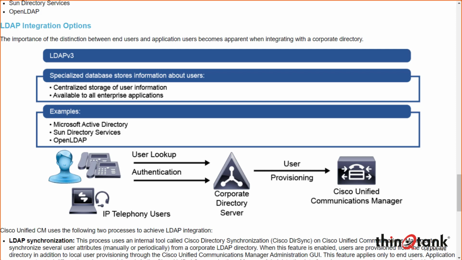If you're doing LDAP authentication, the end user passwords are authenticated against the corporate directory, not against the Call Manager, right? So we're using LDAP to actually perform the authentication function. Application users and passwords are still locally authenticated. Again, application users are treated differently than end users.